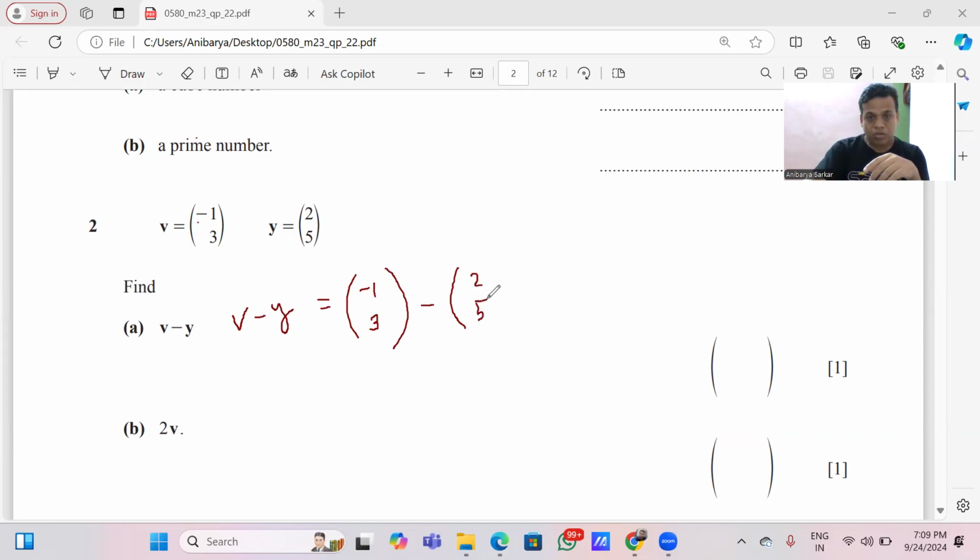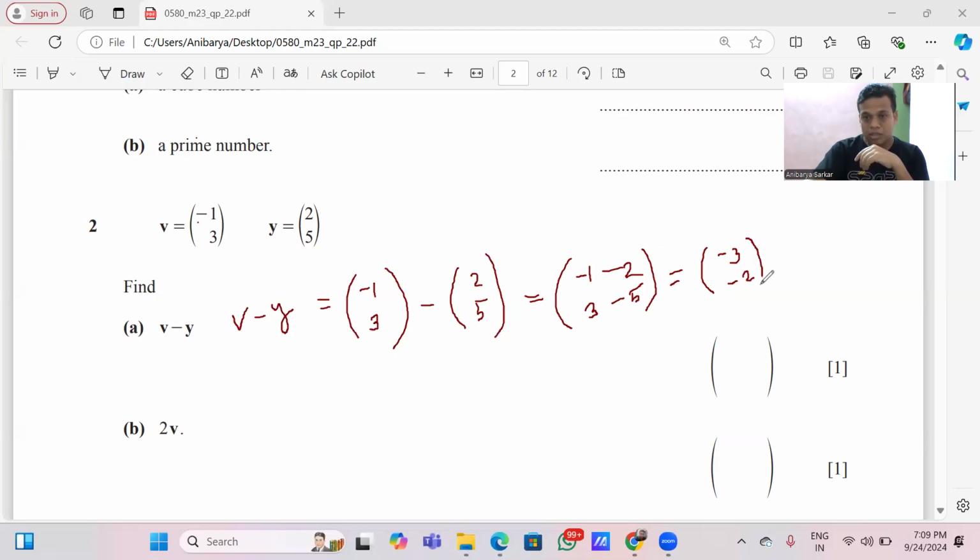Subtract means the first element subtracts with the first element, and the second element subtracts with the second element. It's simple. So I'm writing here -1 minus 2, then 3 minus 5. -1 and -2 means -3, and 3 minus 5 is -2.